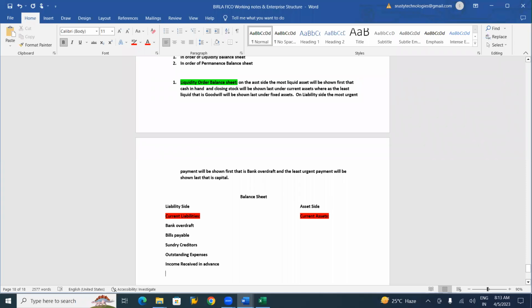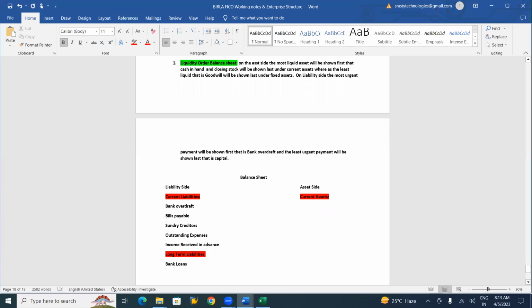Next one, long-term liabilities. Under this, bank loans. It could be secured or unsecured loans.